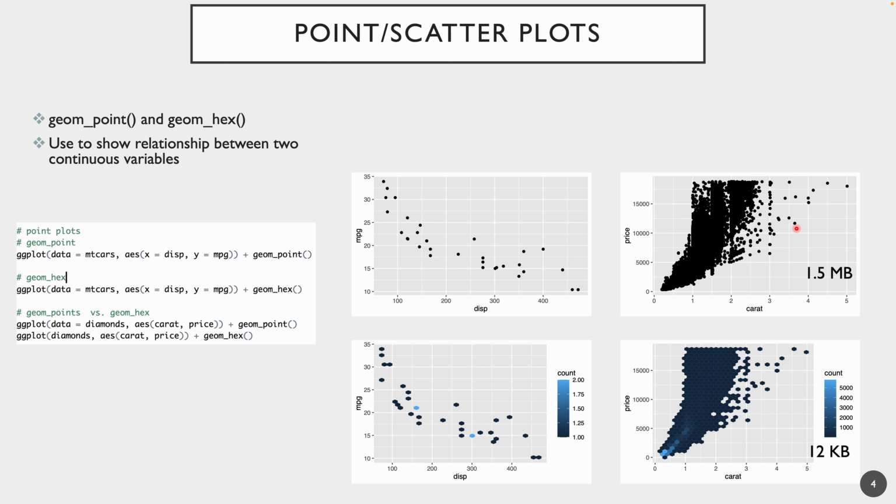For example, the size of this plot is 1.5 megabytes, which is hard to load and manipulate further. However, if you use the hexagon plot like this one, we can clearly show the statistics, in this case the count of the points in each area, and the size is only 12 kilobytes, which makes it much easier for further adjustments.